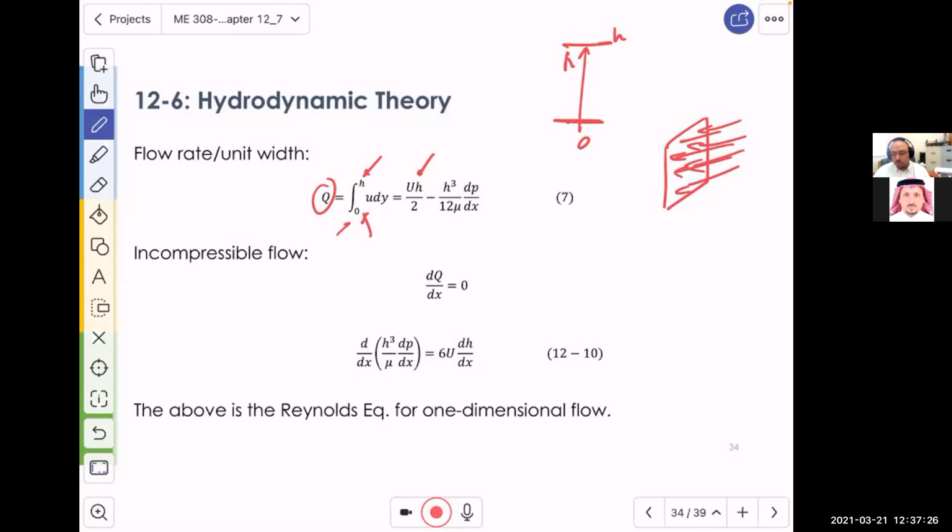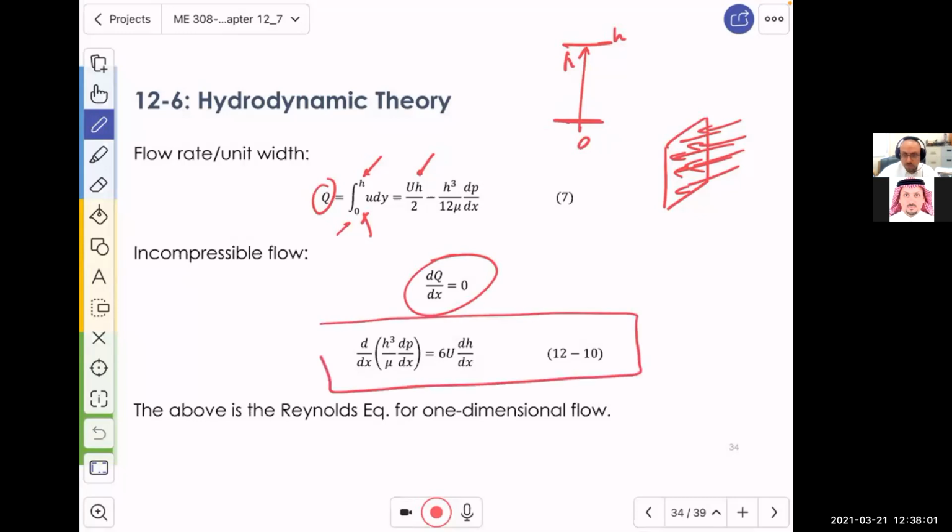Since we assume that this is incompressible fluid, incompressible flow, then that means the flow rate change with x is equal to 0. So the flow rate doesn't change with x. And if we do that, this is going to help us make the relation much more compact, and then we arrive at this equation.